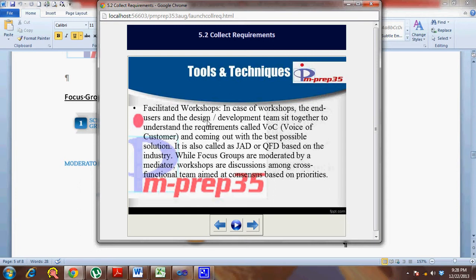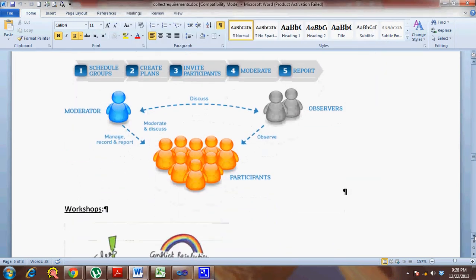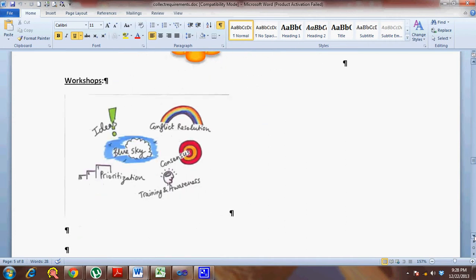Then there are facilitated workshops. Workshops are a very common technique used when you gather requirements, wherein different subject matter experts are involved. They are from different backgrounds, so each of them has different requirements, but then these conflicts are resolved, and then the requirements are prioritized.